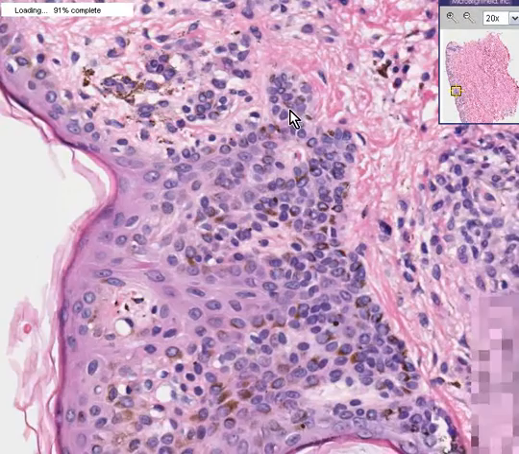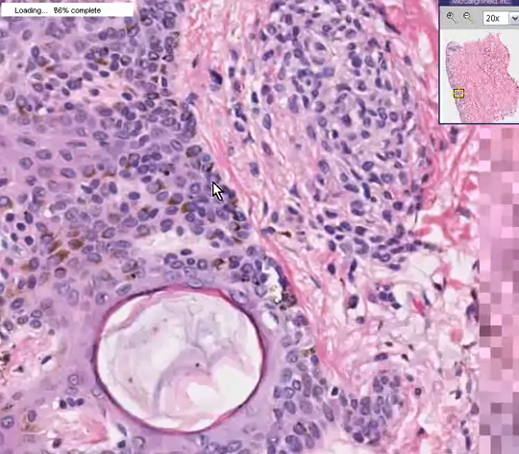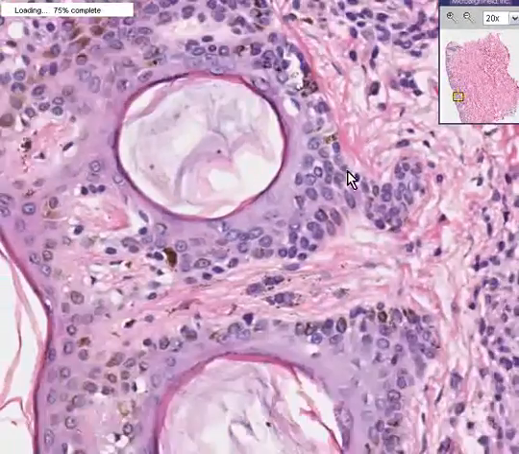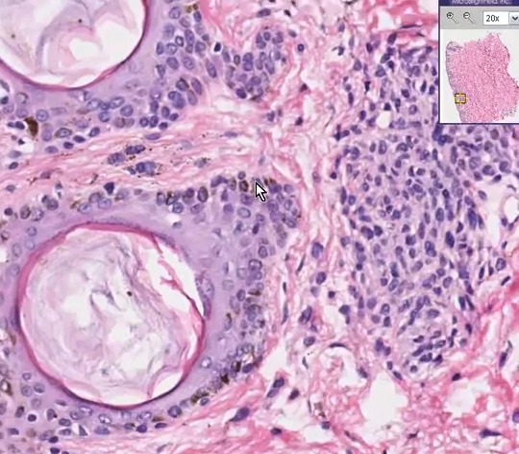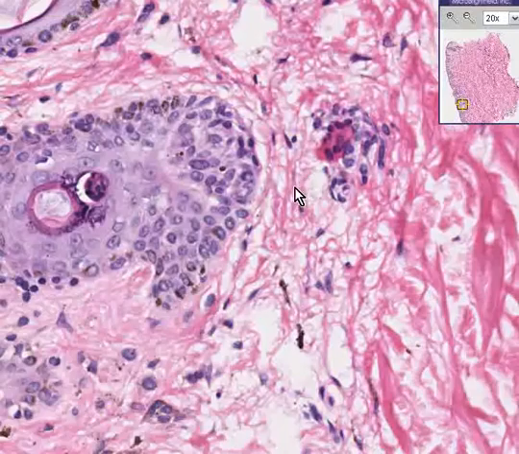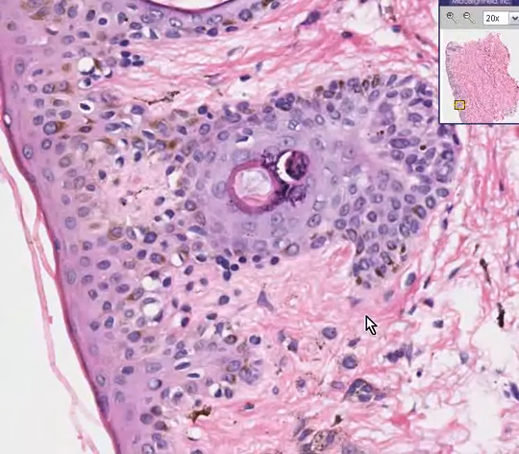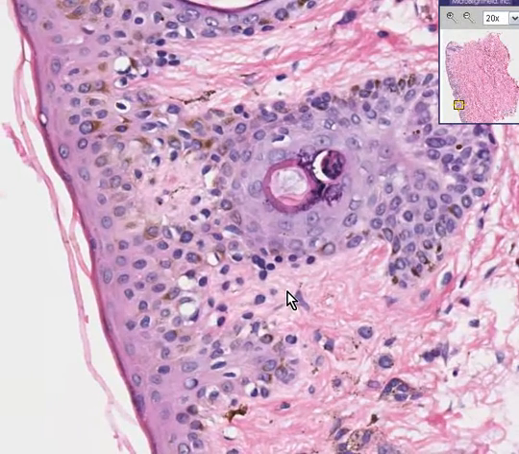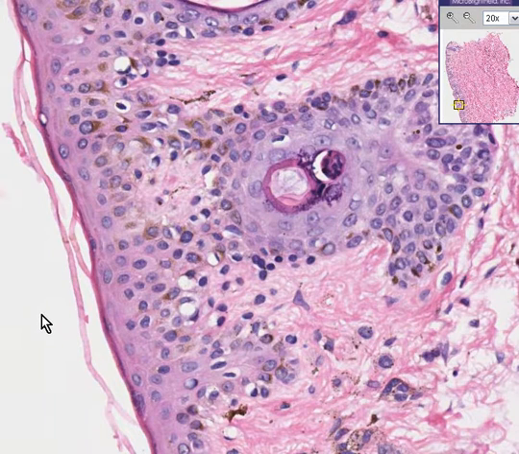Some are within melanocytes, some are secondarily within melanophages or macrophages, which eat the melanin pigment. This is a classical appearance of a freckle, or lentigo. Thank you very much.